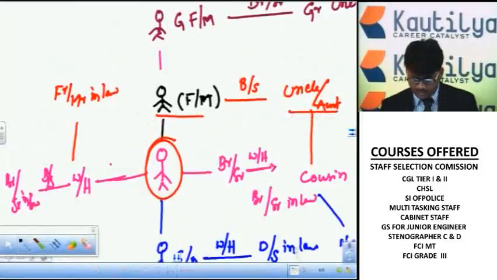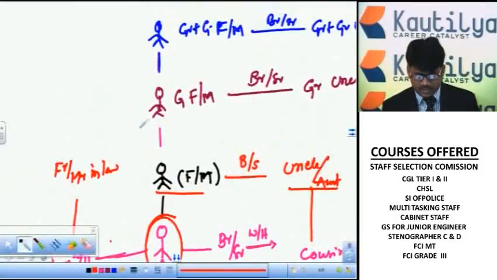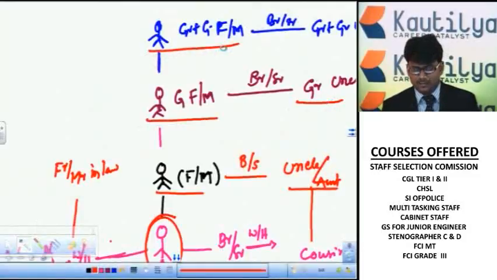If you go in the upward direction, this person is called grandfather or grandmother. That person's brother or sister is called granduncle or grandaunt. That person's upward direction is called great grandfather, great grandmother, followed by that person's brother or sister, called great granduncle and great grand aunt.